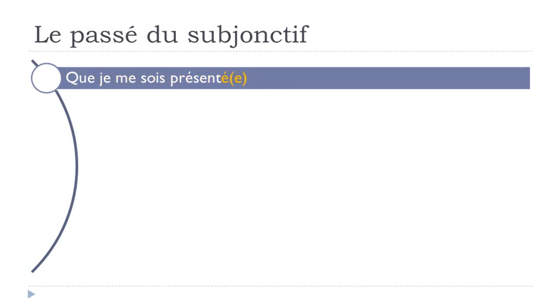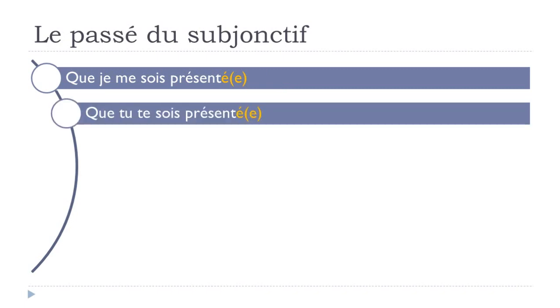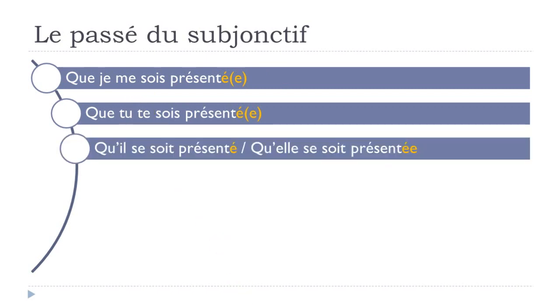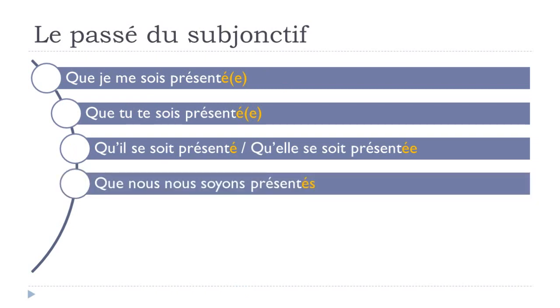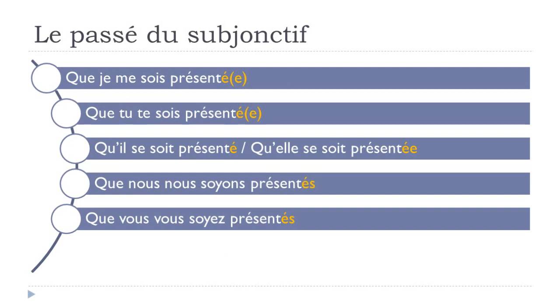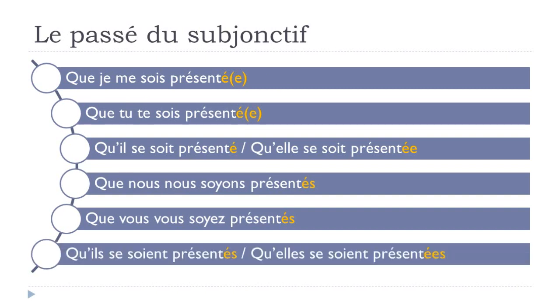Okay, que je me sois présenté, que tu te sois présenté. Okay, so we'll have to add this te. Qu'il se soit présenté, qu'elle se soit présentée, que nous nous soyons présentés, que vous vous soyez présentés, qu'ils se soient présentés, qu'elles se soient présentées.